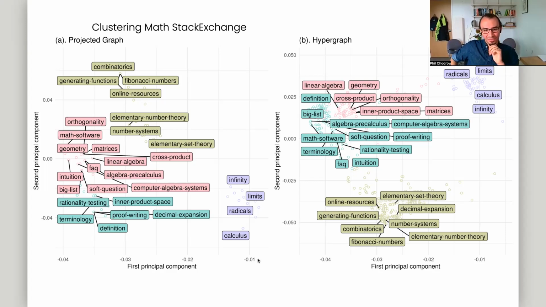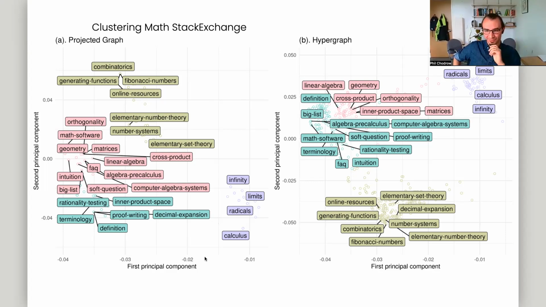On the other hand, the projected graph gets some things a little bit mushy and maybe makes some things that we would consider, intuitively as mathematicians, to be odd cross-classifications. So for example, I'm sorry, I seem to have lost my ability to annotate here, so please do your best and be patient. If we look in the center of the bottom area, in the teal cluster on panel A, we'll see inner product space.